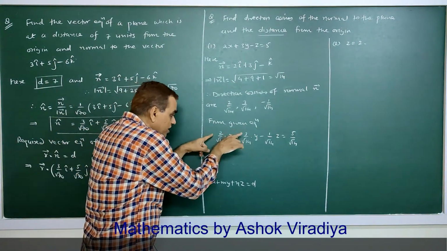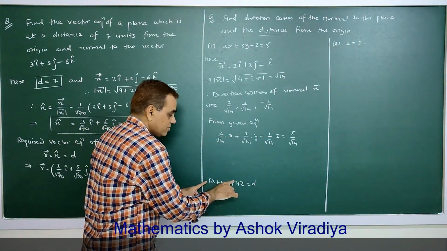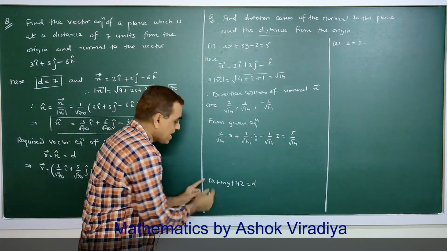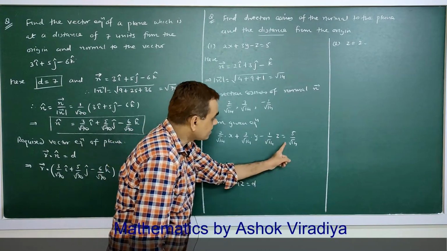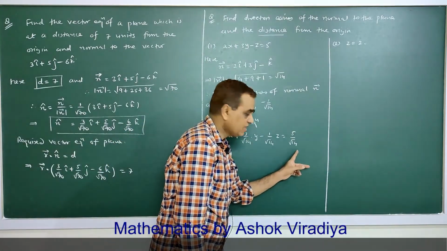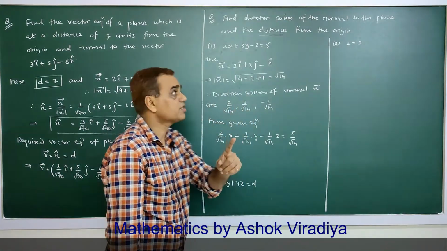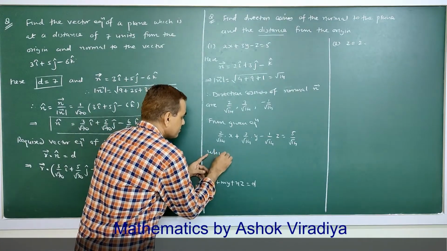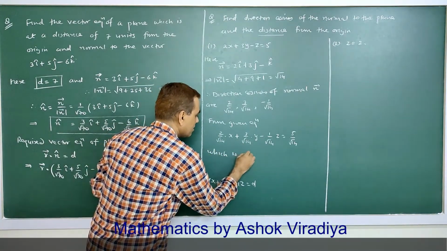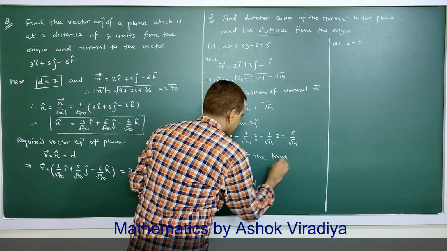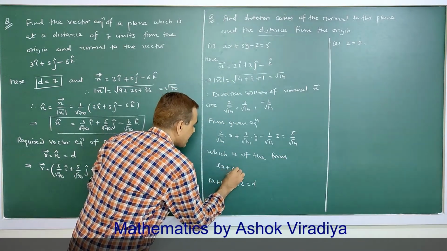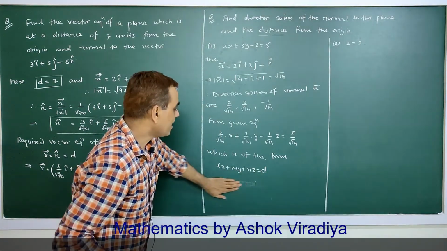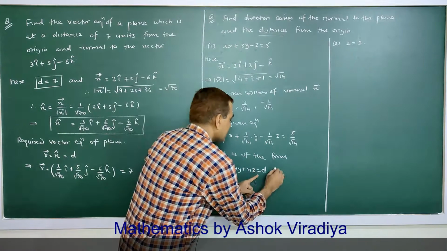So see, this equation is now in this form. Here l, m, n are direction cosines. If l, m, n are direction cosines and this number is positive, then it represents distance from origin. So which is of the form lx plus my plus nz equal to d, where l square plus m square plus n square is 1.